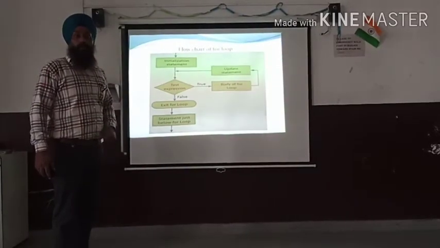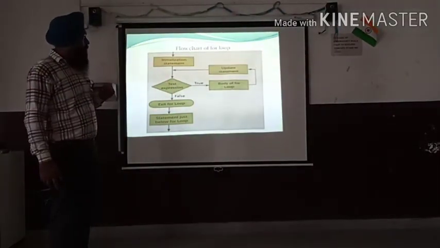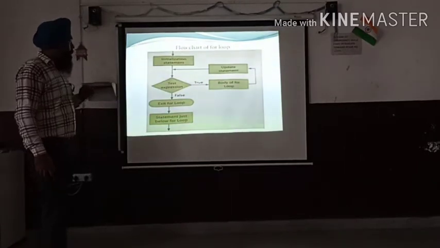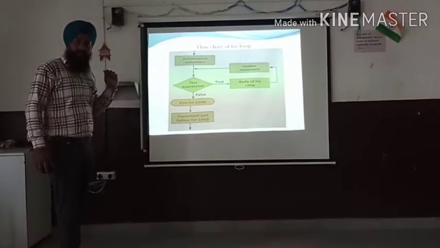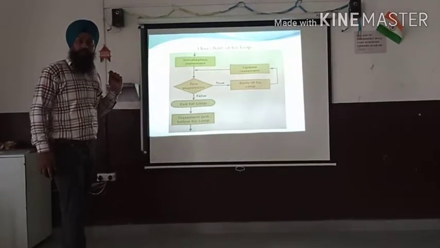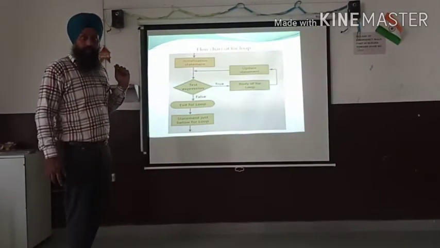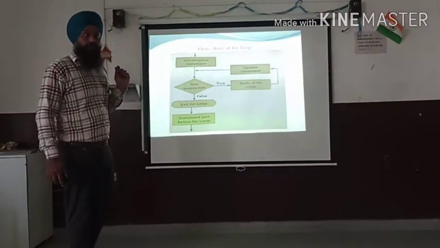Students, now we will see the flowchart of the for loop. First of all, there is the initialization statement. In the initialization statement, we give the value to the control variable, that is, the value of the control variable when the loop executes for the first time.